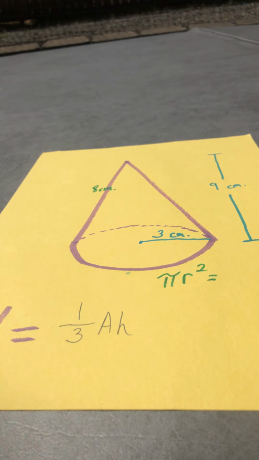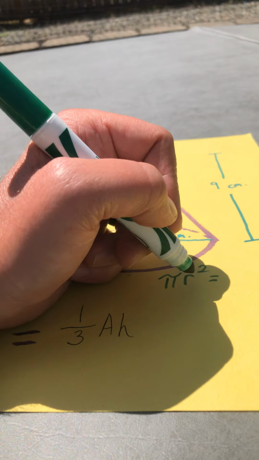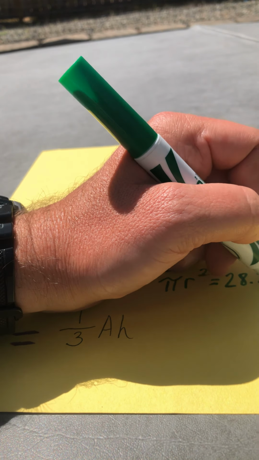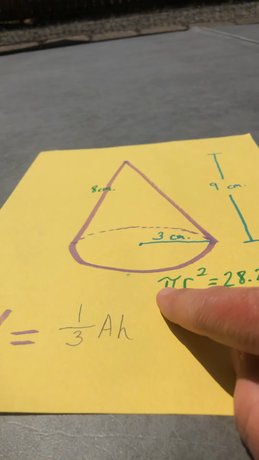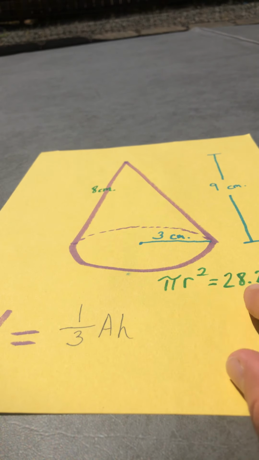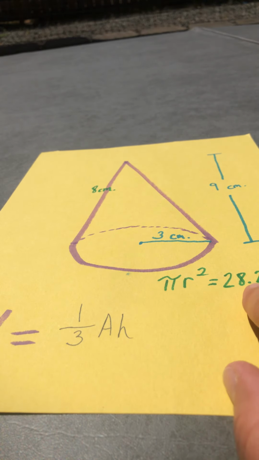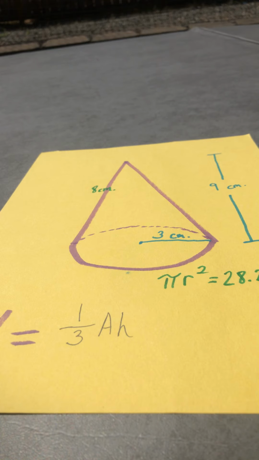And if you do that, you should get about 28.27. Again, it depends on whether you're using the pi button or 3.14. Either one works. This is what I got using the pi button, and then rounded my answer.